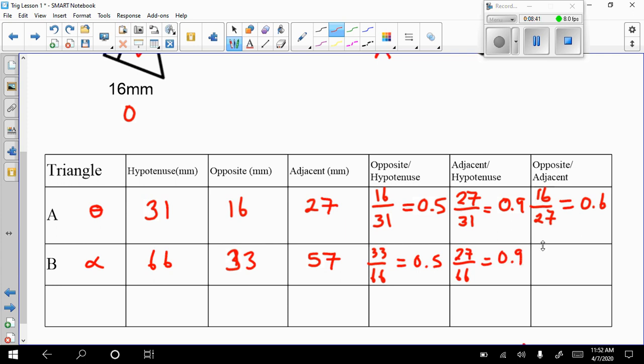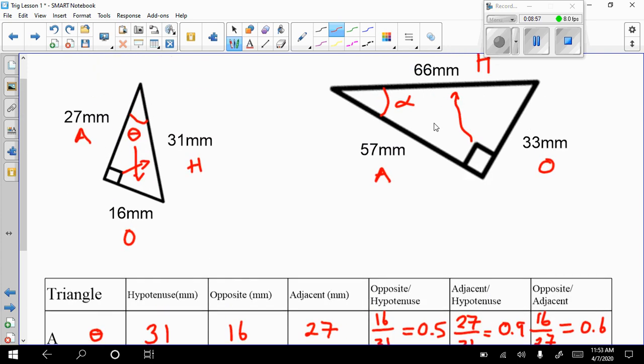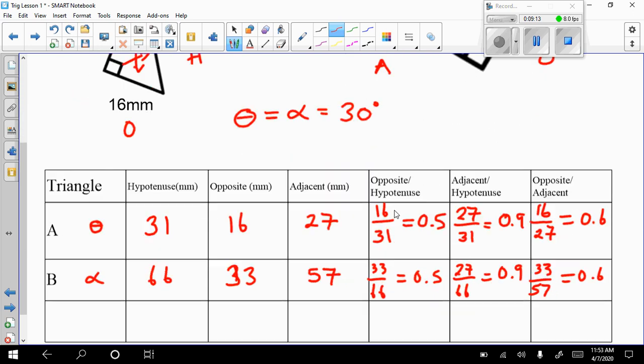And for opposite over adjacent, it's 33 over 57, and you get approximately 0.6. So interestingly, we get the same ratios. Just know that different triangles could have the same ratios. And what that's telling us is that, in fact, alpha and theta are the same angle. So alpha is equal to theta, and it turns out in this case to be 30 degrees. Obviously these are different sizes of triangles, but their ratios will be the same.